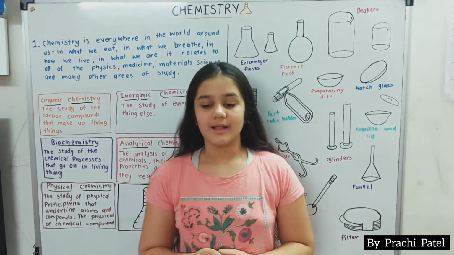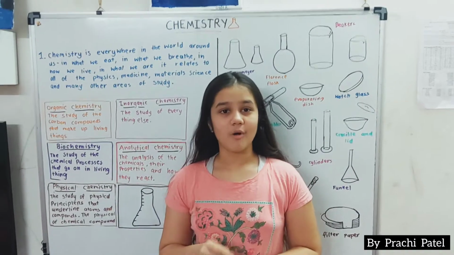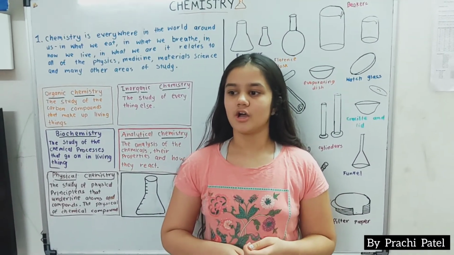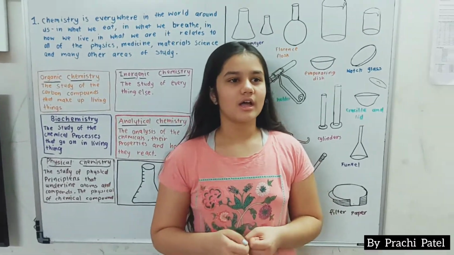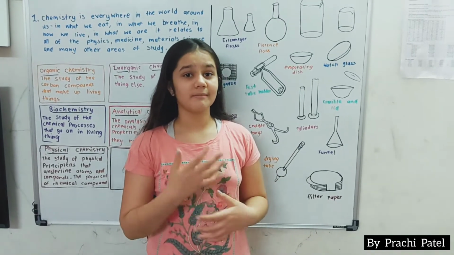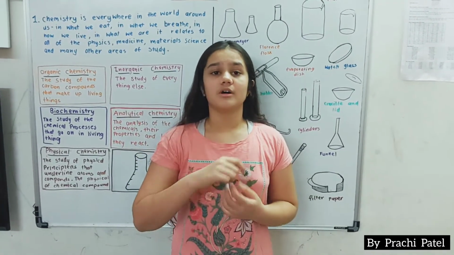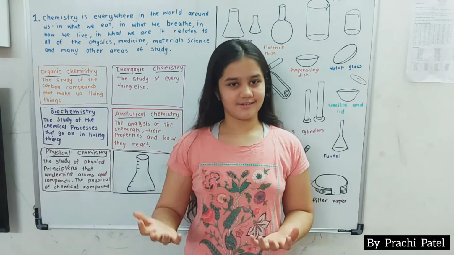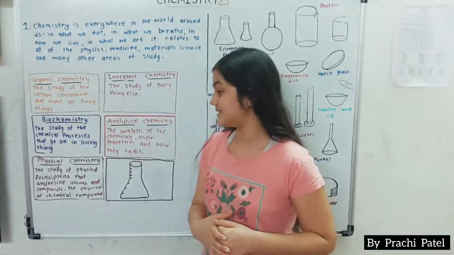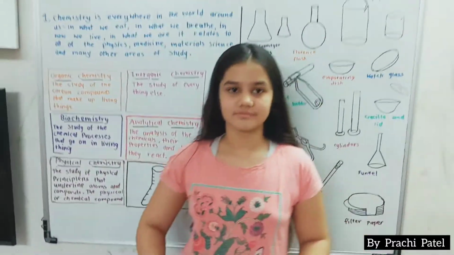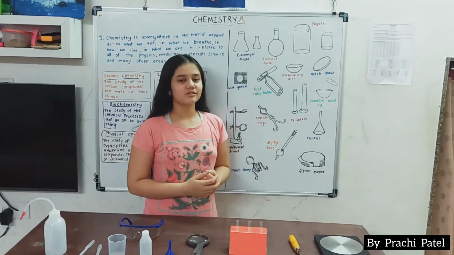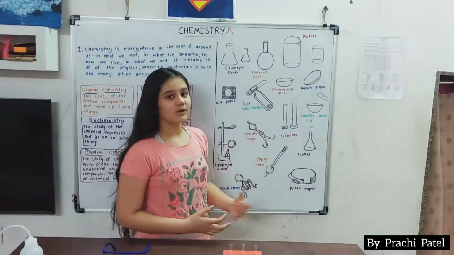In that, for example, chopping wood, boiling water, crushing cans, chopping paper and burning paper, etc. There are some more examples, but these are the basics. Now after seeing all this, let's go to the equipment of chemistry.